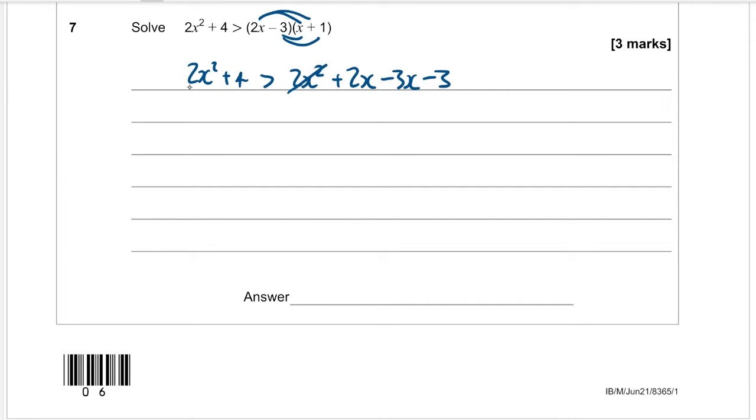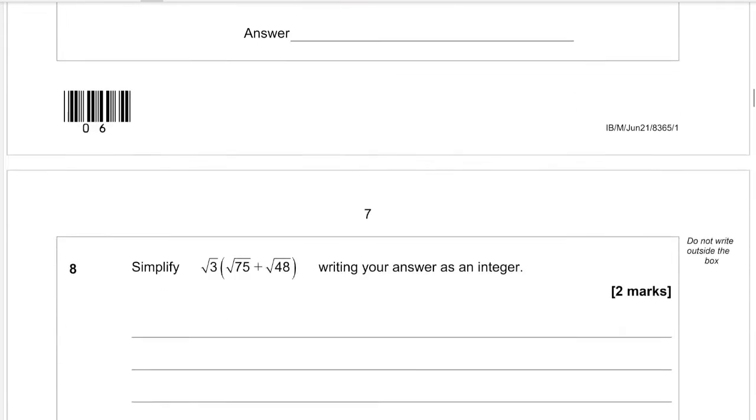Actually, it's not going to be a quadratic inequality because these will cancel, so I'll just be left with 4 is greater than 2x minus 3x, which is minus x minus 3. I need to be very careful not to divide or times by a negative, because that will flip the sign. So instead I'm just going to add x to both sides, and then subtract 4 from both sides, and I get x is greater than minus 7.